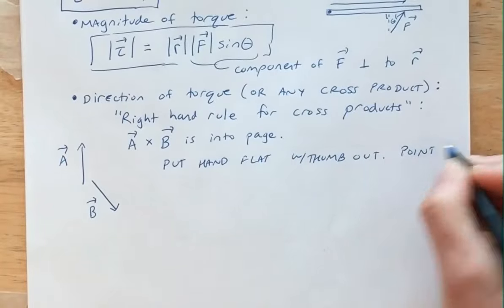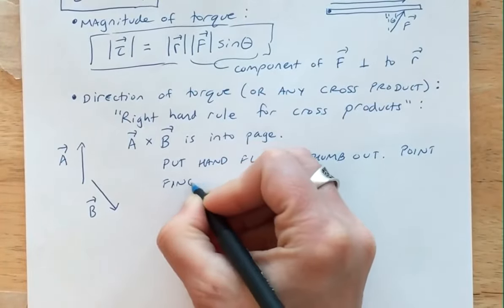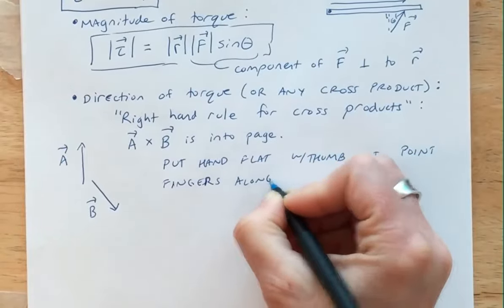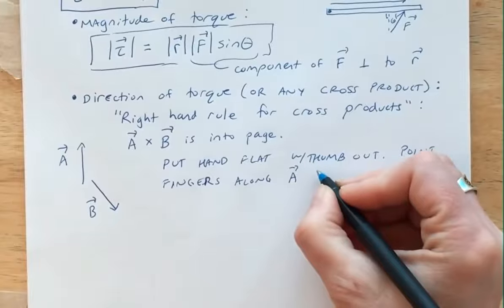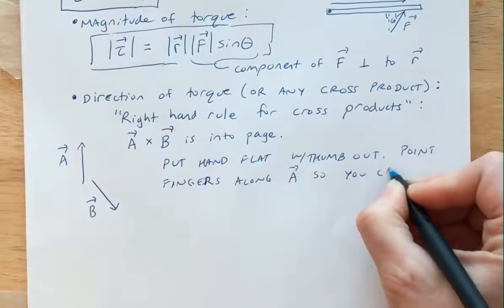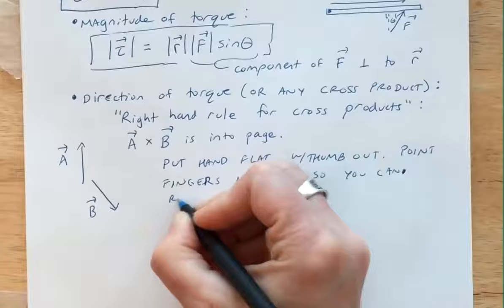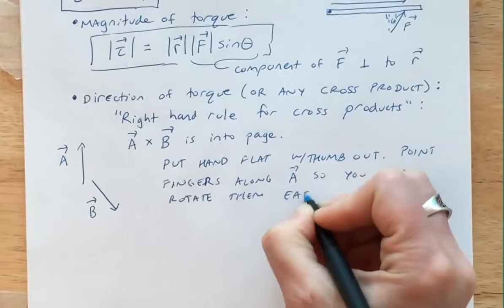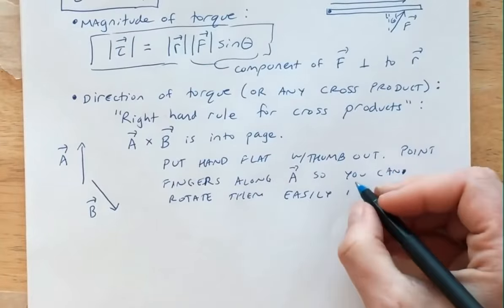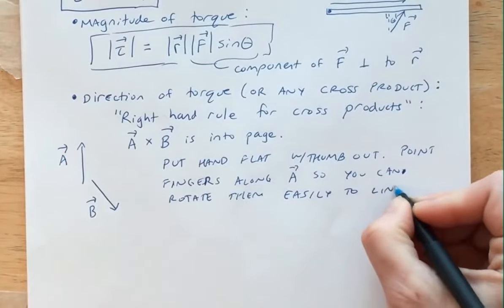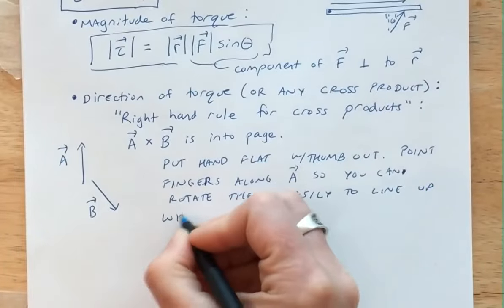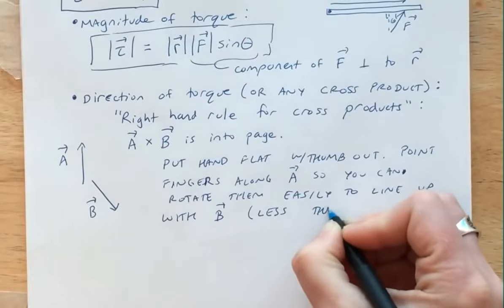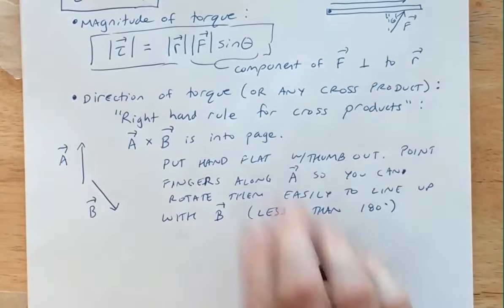You're going to point your fingers along the first vector, A, so you can rotate them easily to line up with B. So less than 180 degrees is what I mean by that.